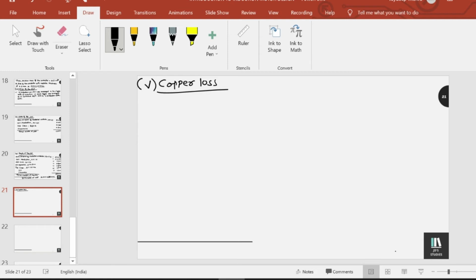First of all, what is the value of the length of mean turn, LMT? We have a direct equation, 2L plus 2.3 tau p plus 0.24. Put in the values of L and tau p and solve it. We get 1.6 meters.